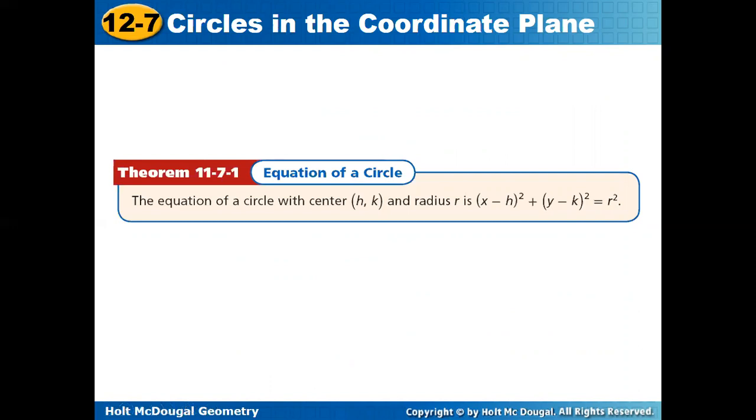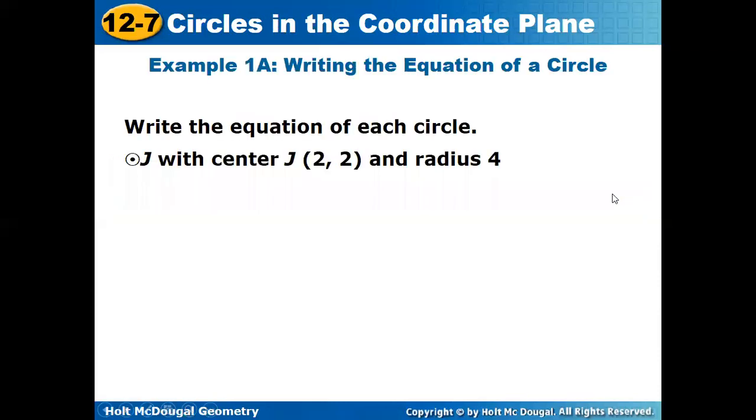The equation of a circle with center (h, k) and radius r is (x minus h) all power 2 plus (y minus k) all power 2 equals r power 2. Let's see the first example. Write the equation of each circle.